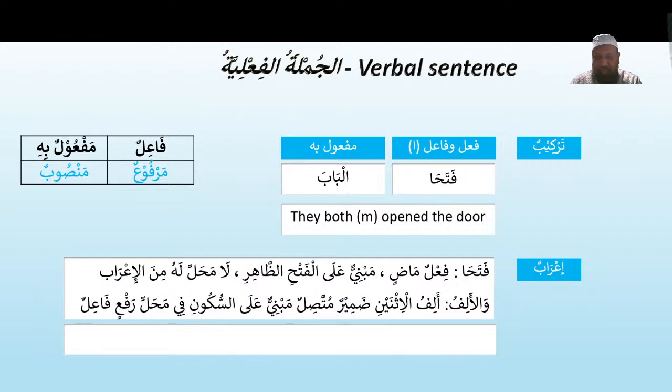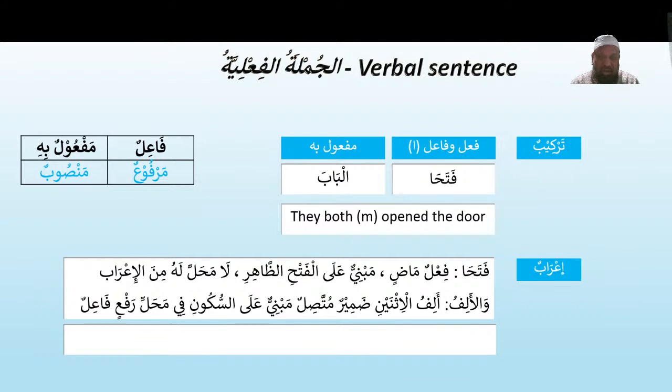Then والألف, we need to do the i'rab of the alif: والألف ألف الاثنين ضمير متصل مبني على السكون. Remember, all the damirs are mabni, and we've learned in previous lessons that the alif is always mabni ala as-sukun.